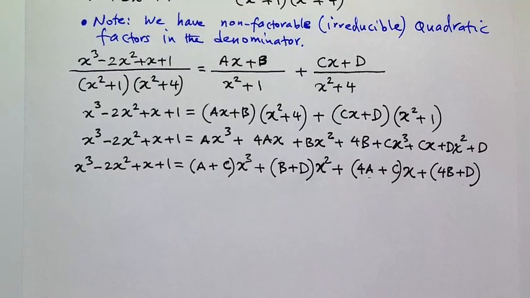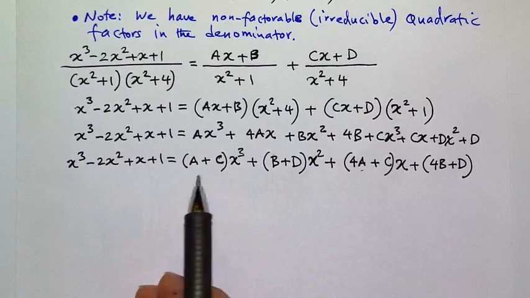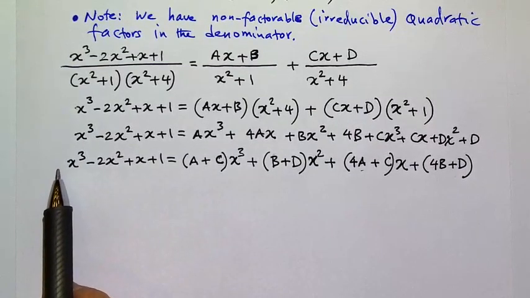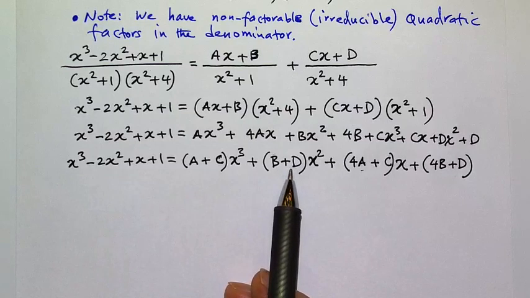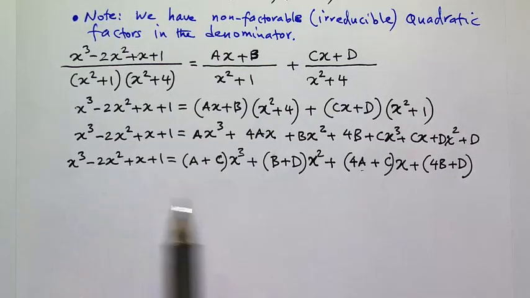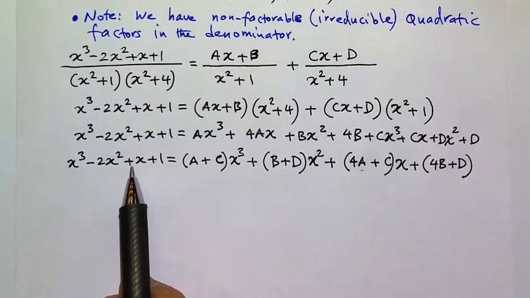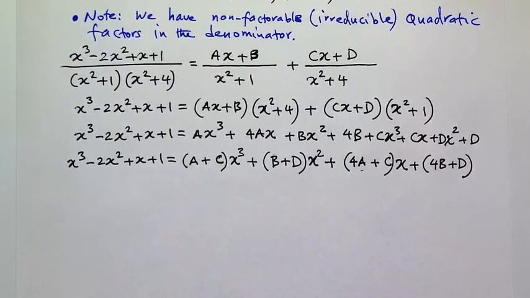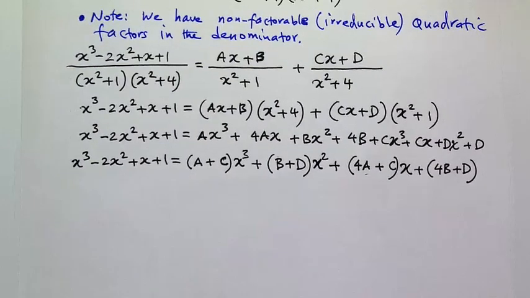Okay? All right, so then comparing the right side with the left, a plus c should be equal to 1. b plus d should be equal to minus 2. 4a plus c should be equal to 1. 4b plus d should be equal to 1. Let's write all of this.